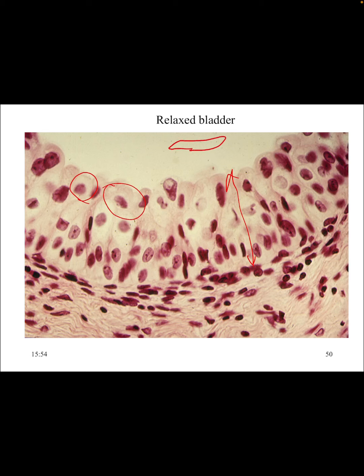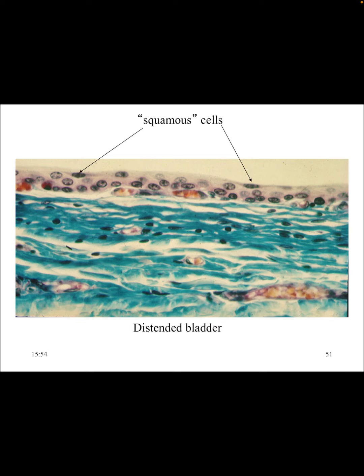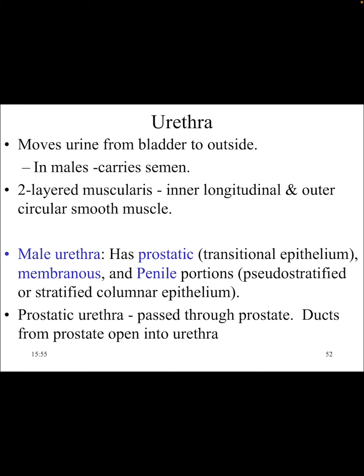We remember squamous epithelium, they are flattened; cuboidal, they are tall equal to the width; columnar, they are taller than the width. However, in these cells, they are wider than they are tall. These cells are called pillow cells. As I said, when the bladder is distended, full with urine, the epithelium appears as squamous epithelium.